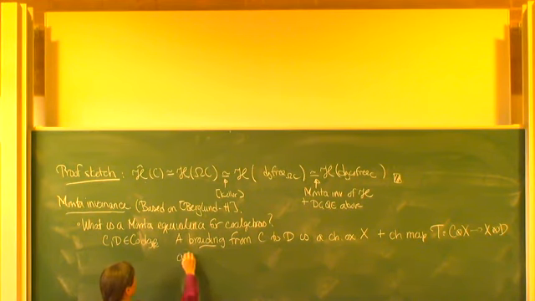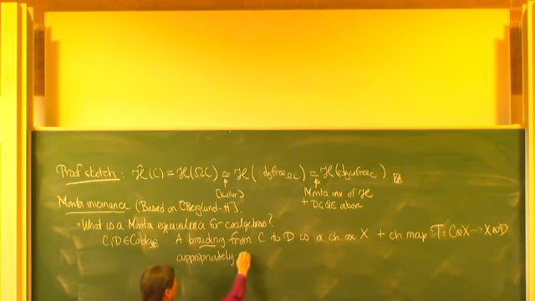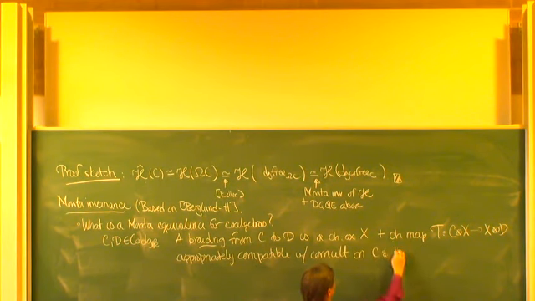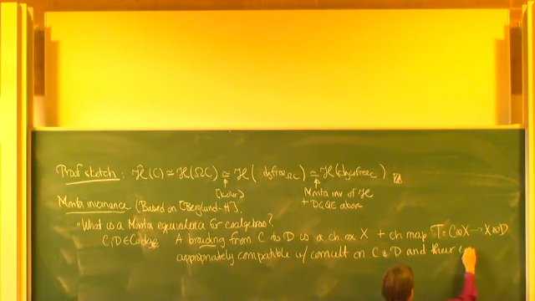Appropriately compatible with the comultiplication on C and D and their co-units. And it turns out this compatibility is such that C tensor X becomes a C-D bicomodule.